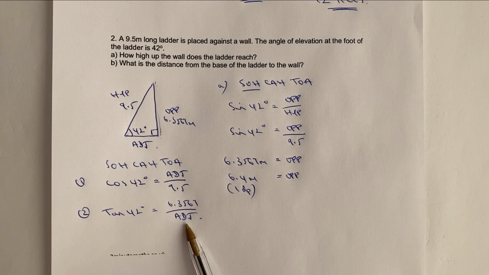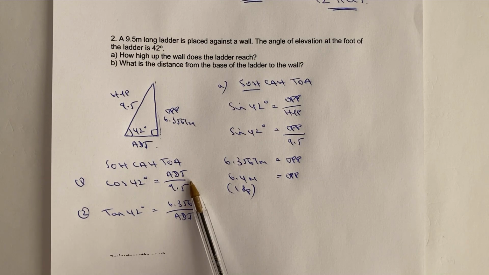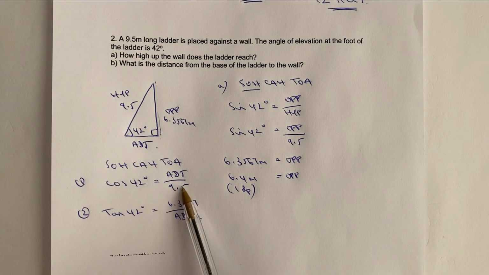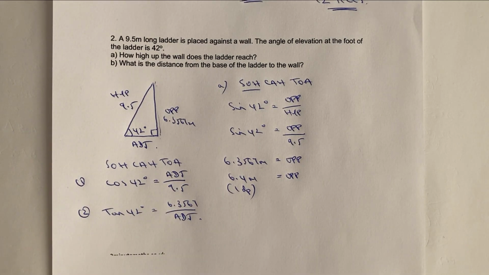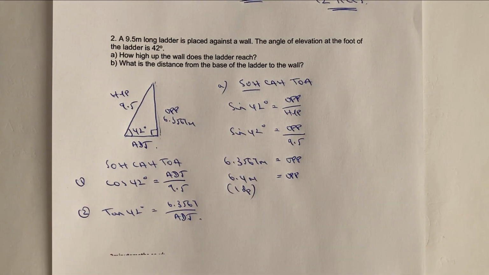Now, to make that the subject of the formula just requires a little bit trickier type of algebra manipulation. So I prefer this one here because I know 9.5 is correct. I know cosine 42, so I could just use this ratio. You could use that. You probably will get the same answer, particularly if you've got this, but you're not entirely sure because it is part of the exam.